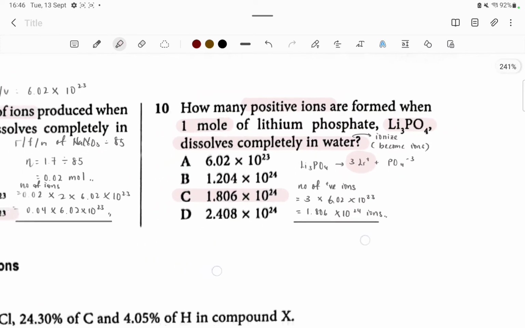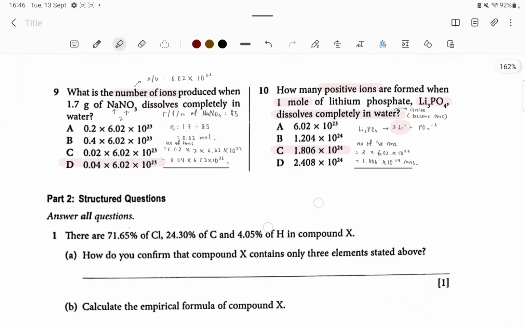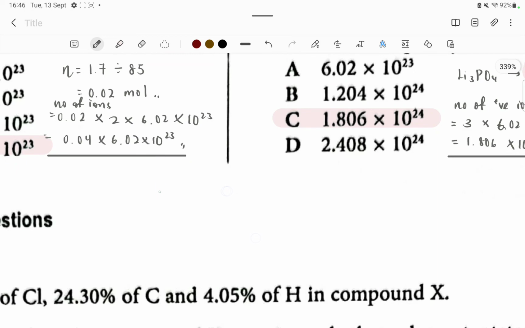So in this chapter, you will have to know how to count the number of moles and the mass, and then from this one to this one, you have to know how to do mole ratio.